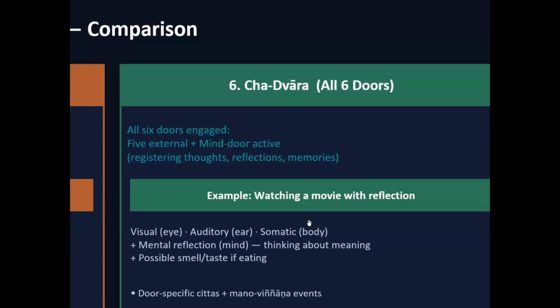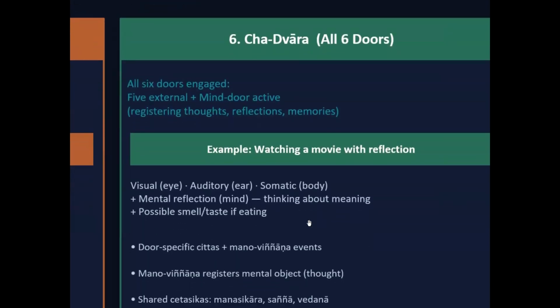So for example, when you are watching a movie with reflection, you visit the cinema. So in the cinema, all these things will come together. First will be visual, the eye, then auditory, the ear will hear the sound, and the somatic, the body, the atmosphere there, whether it is a very good environment, very soothing, also very nice sound coming.